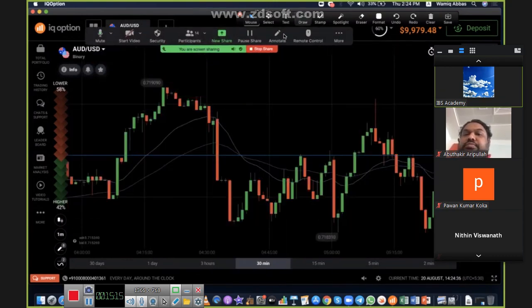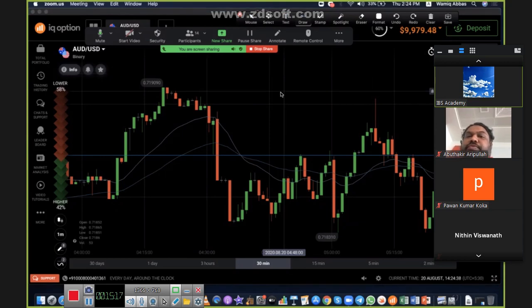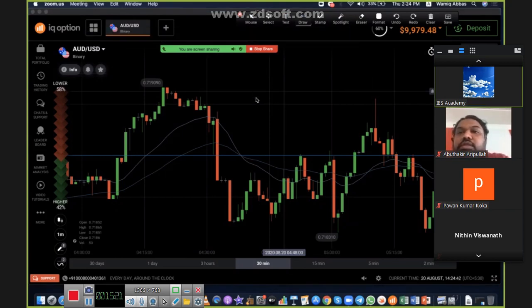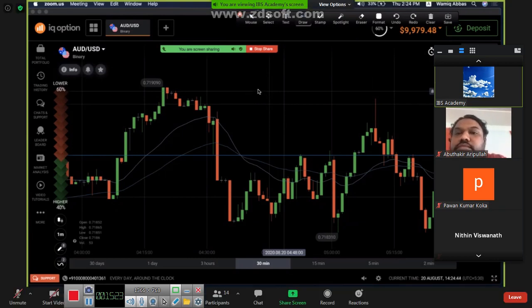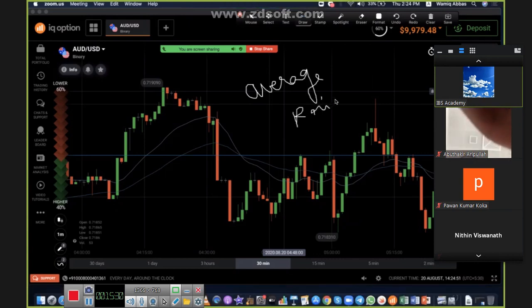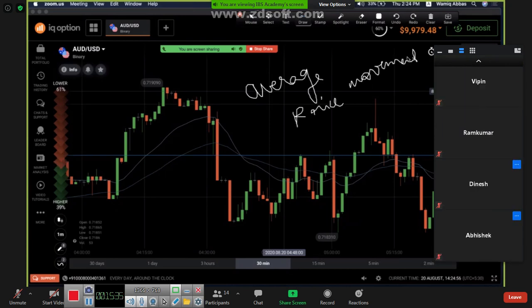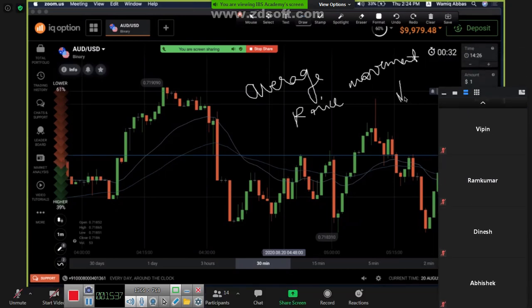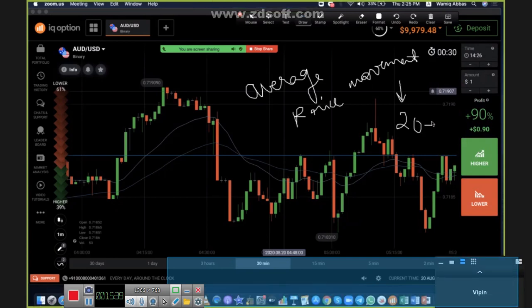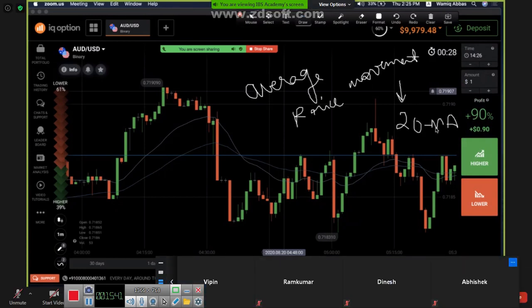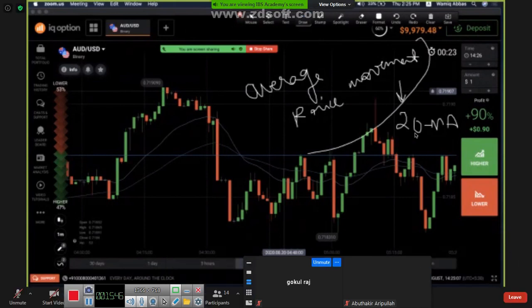Let me first tell you what a moving average is and how it performs. What is the function of a moving average? A moving average is a tool which helps us determine the average price action, or price movement. If I say I have a moving average of period 20, it means this tool calculates the average price movement of the past 20 candles.